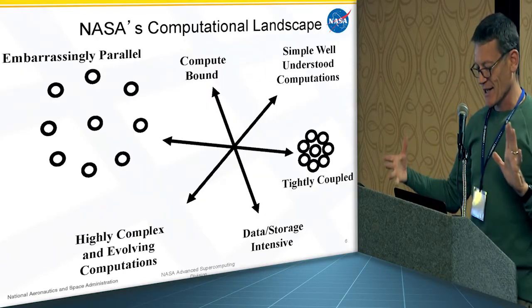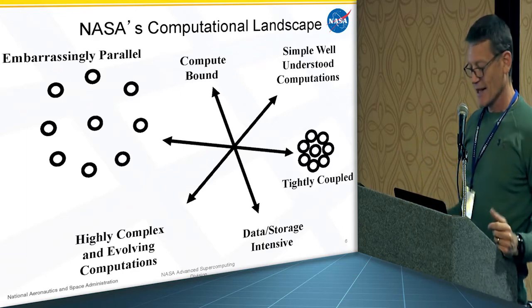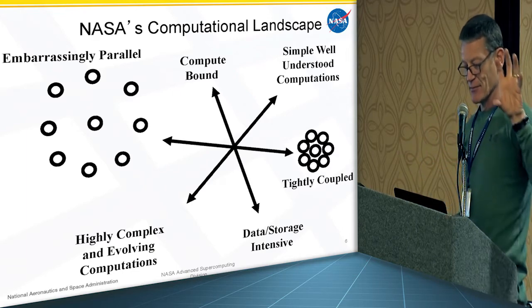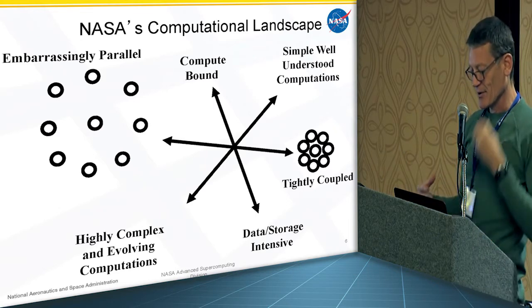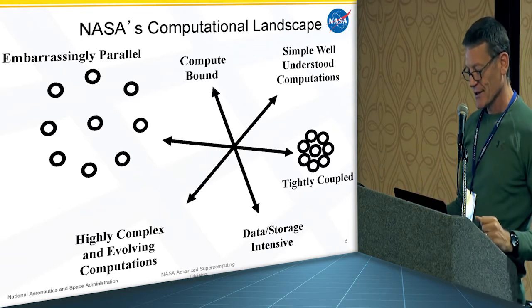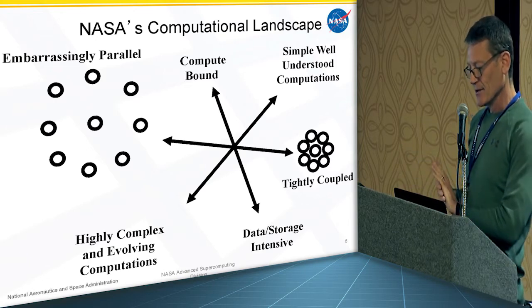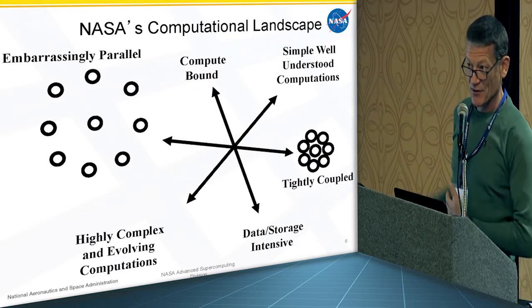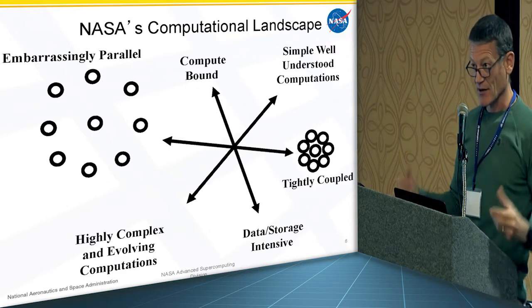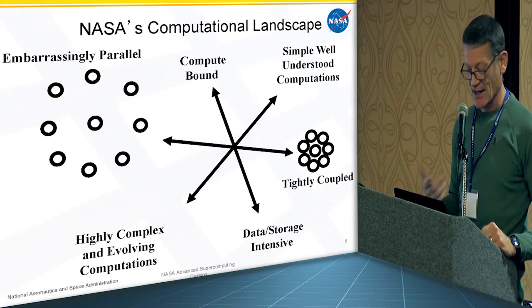So NASA applications are varied. We run a very wide range of applications on the machines. They go from embarrassingly parallel to compute bound, tightly coupled, data and storage intensive. And really what we're moving towards is more data and storage intensive, just because the models are getting more and more sophisticated about the way they handle data sets.